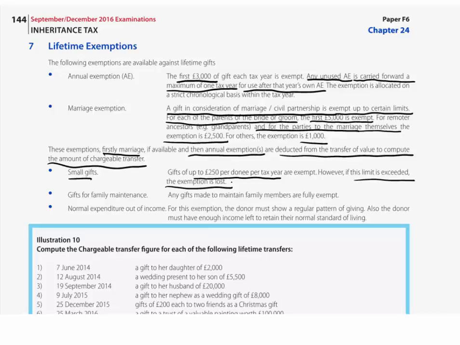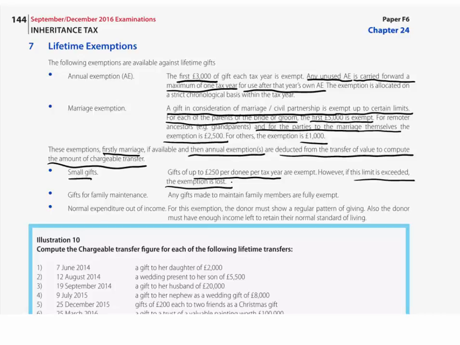But if then, before the end of the tax year, so this was December 15, so by the 5th of April 16, the end of the 15-16 tax year, if the donor were to give to the same donee another £200, then the aggregate, the total for the year is now £400. That exceeds £250. There is no small gift exemption.